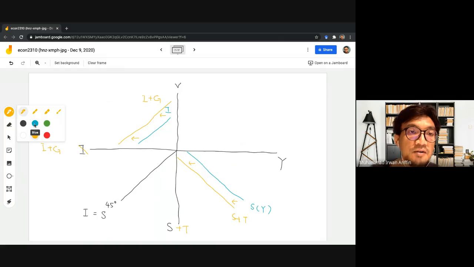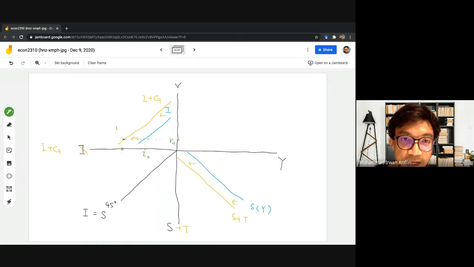Now let's have a look at how this will affect our construction of the IS curve. At this low interest rate R0, instead of I0 over here, we're going to have I0 plus G. Similarly, this is the saving needed for the product market to be in equilibrium.